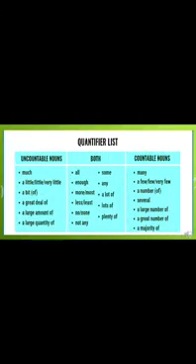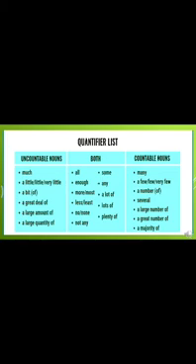Now students, through this list, you can understand quantifiers easily. Number 1, uncountable nouns: much, a little, little, very little, a bit of, a great deal of, a large amount of, a large quantity of.